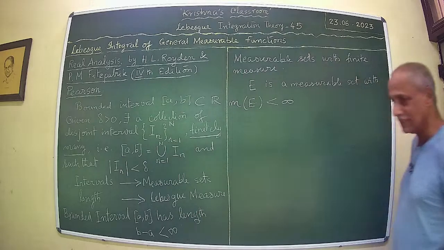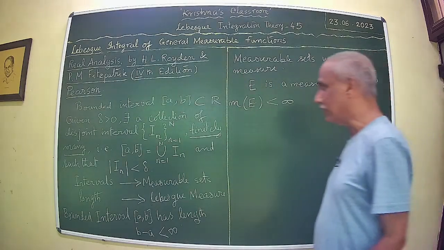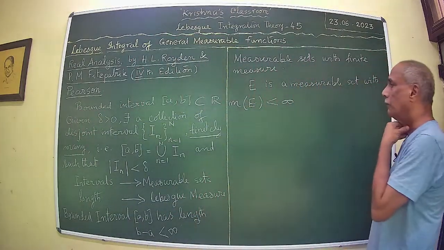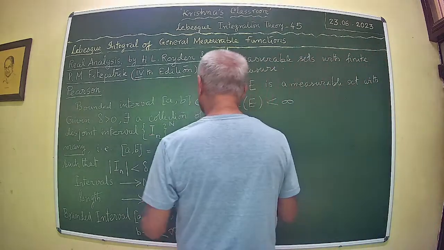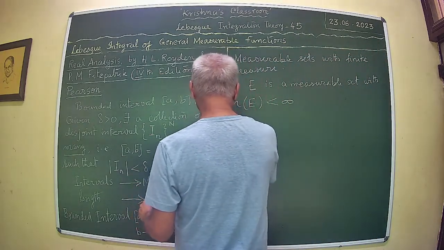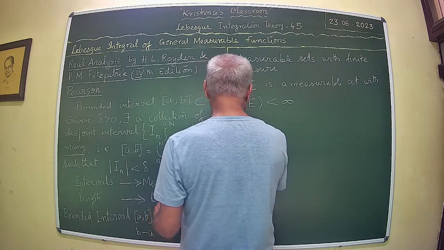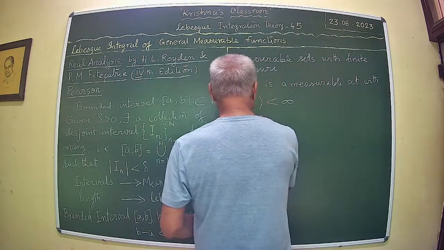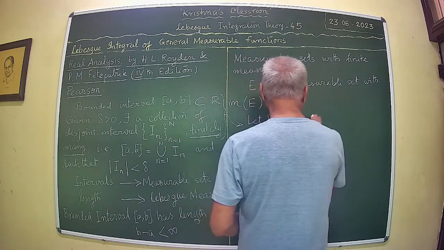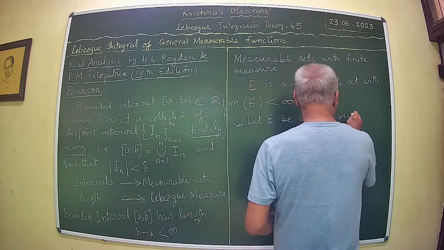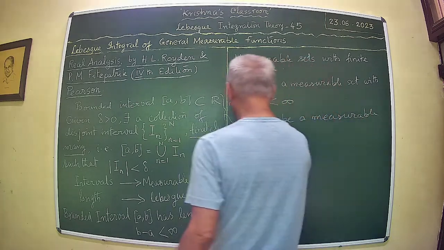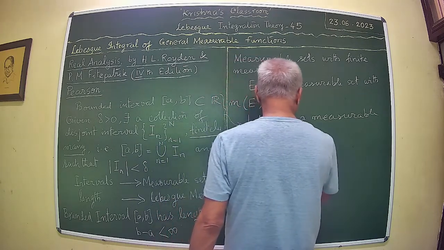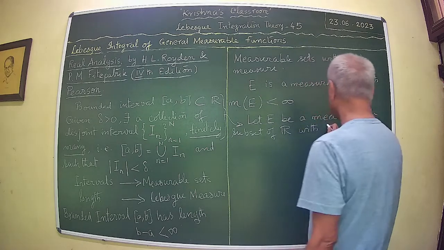Then what do you expect of this result? If you work with a measurable set, this result would have a corresponding result here. Let E be a set of finite measure.